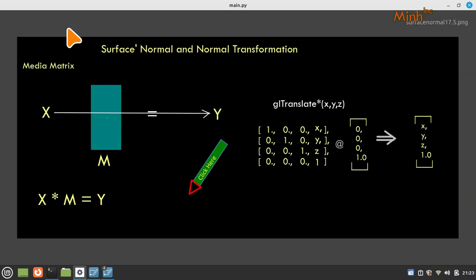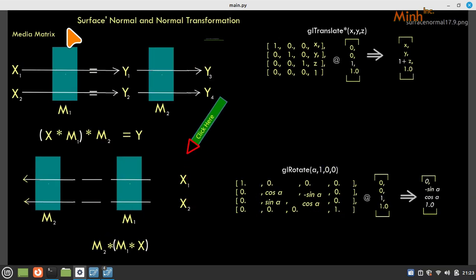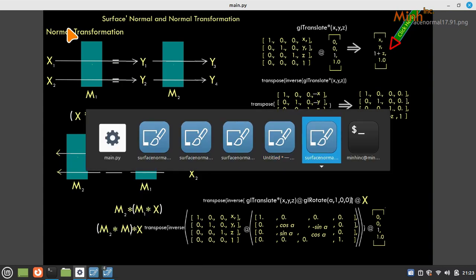Can we see in the calculation? If I have a vertex 0, 0, 1 and there is a transformation matrix, then with simple multiplication it fills XYZ. That means the normal direction is changing if I do the translation, which I don't want. The normal direction must change only with rotation.